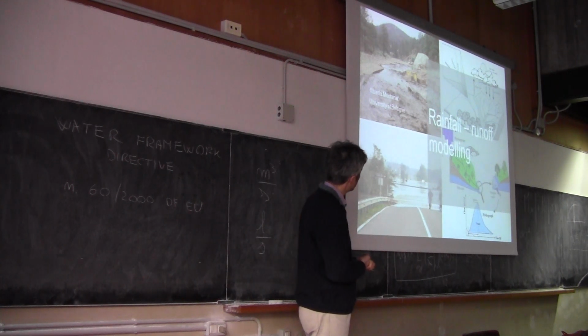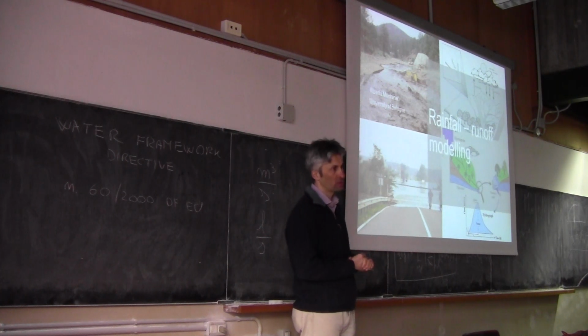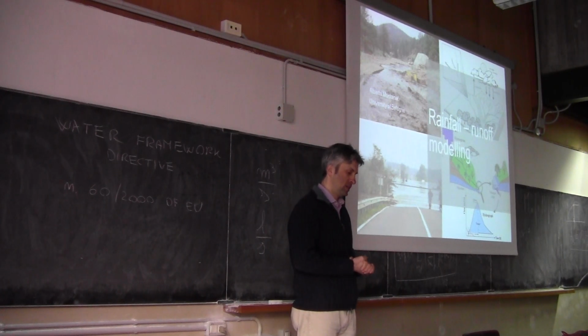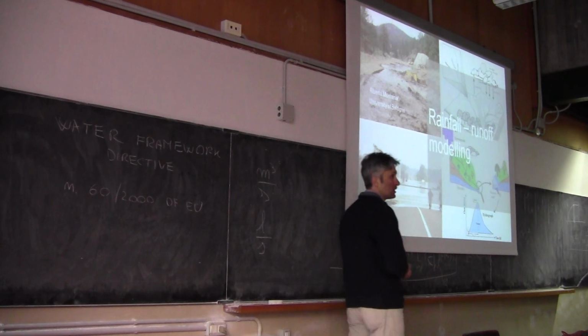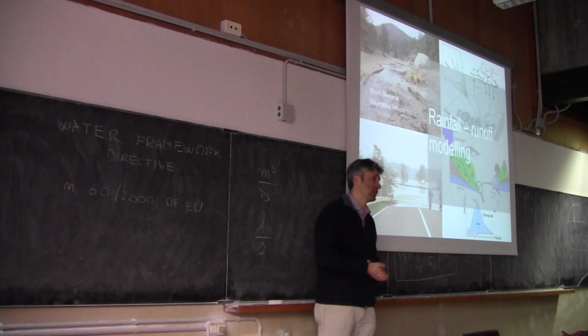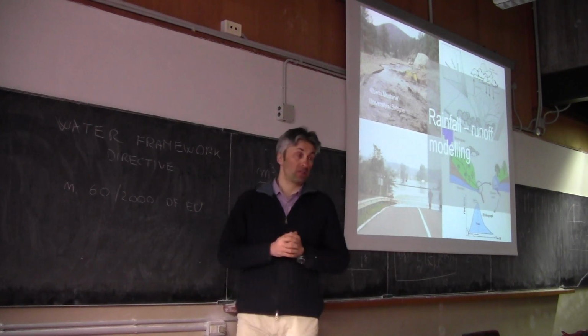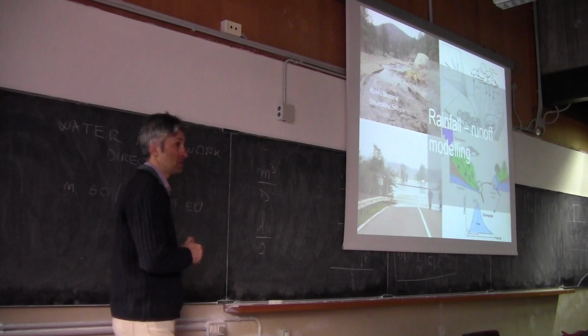And I mentioned that the first option that we can use to estimate water resources availability is data analysis. But I also reported that unfortunately hydrological data are not very often available, and in particular river flow data, because to measure river flows is not easy.